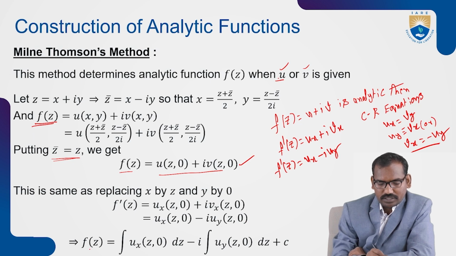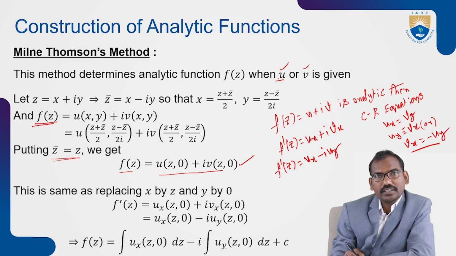Now we want only f of z, so it is the integration of u_x of (z, 0) dz minus i times the integration of u_y of (z, 0) dz, plus c, because it is an arbitrary complex constant. This is the procedure to find f of z when the real part is given to you.